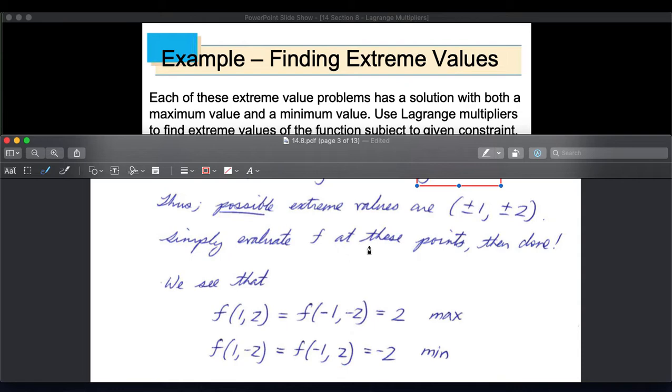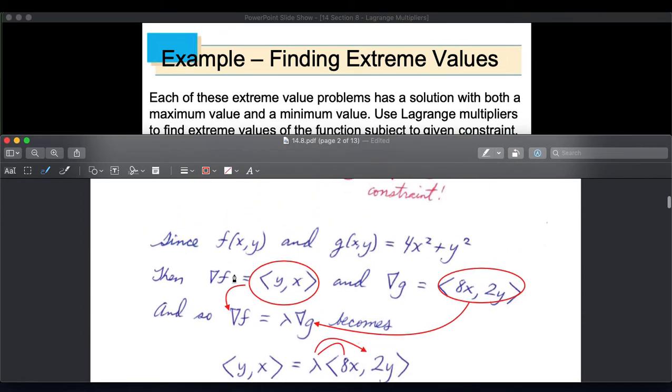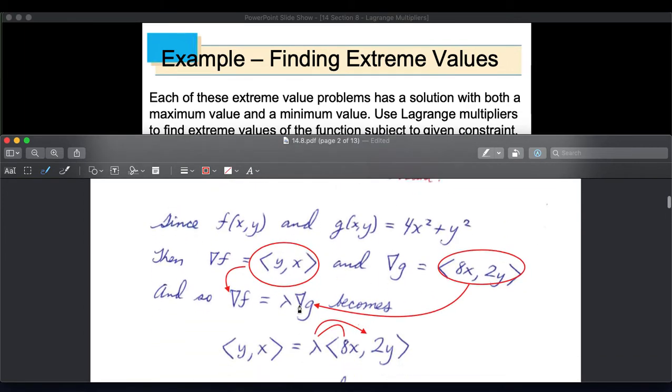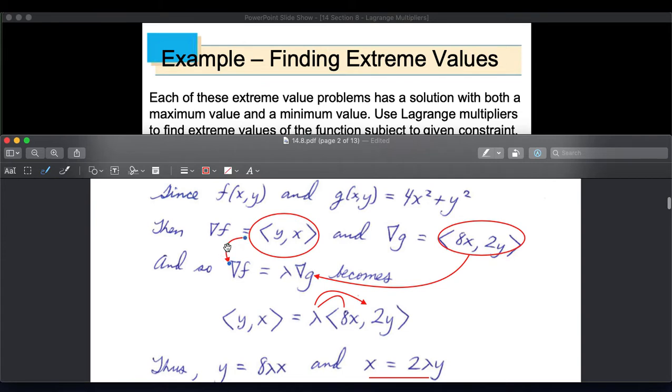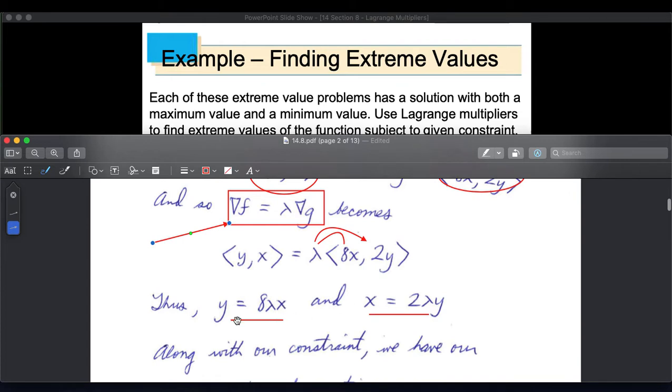And let's go ahead and just summarize real quick. Okay, so the first step is to find the gradients. Plug it into this all-important formula right here. I mean, this is Lagrange multipliers right here. This is the main formula right here. Then this equation will generally give us two or sometimes 3 other equations.